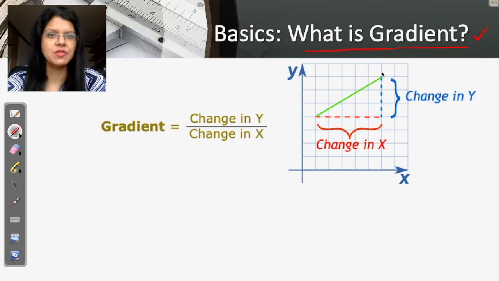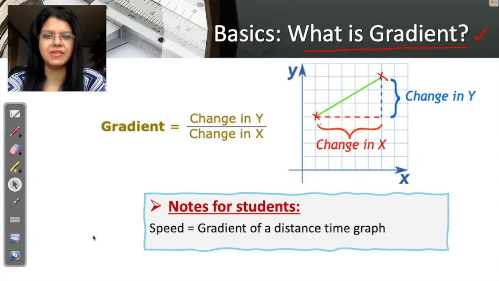You take any 2 points on the line. You find the change in the magnitude of the y coordinate and divide it by the change in the x coordinate. Change in the y divided by the change in the x. Right?